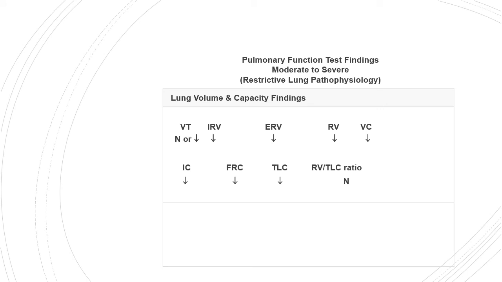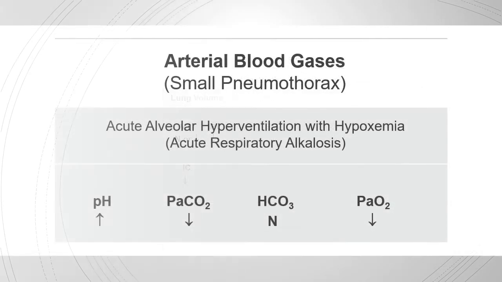Lung volumes and capacities have a restrictive pattern. In a small pneumothorax, blood gases may show acute respiratory alkalosis secondary to an increased respiratory rate with hypoxemia.